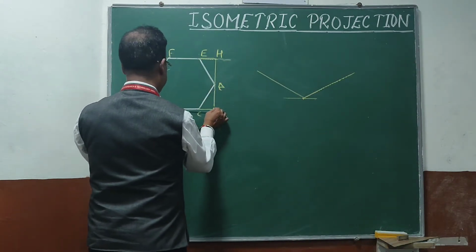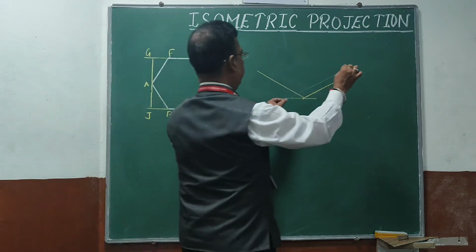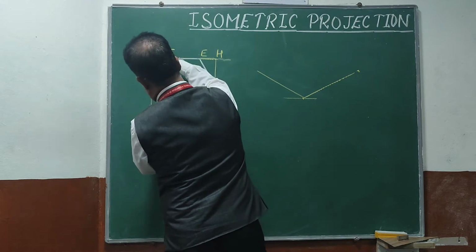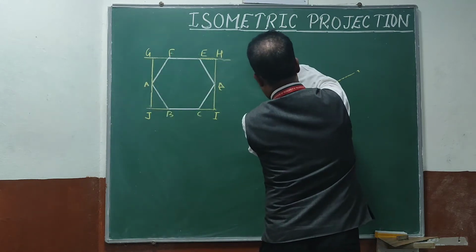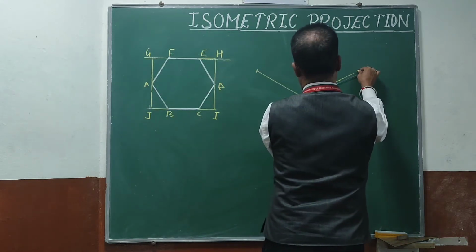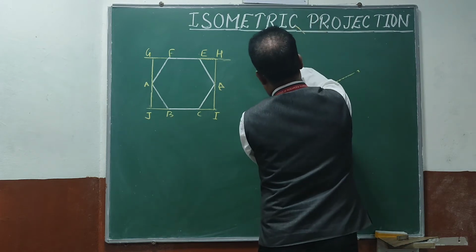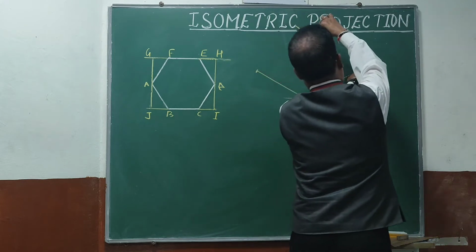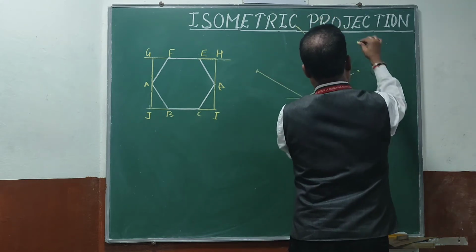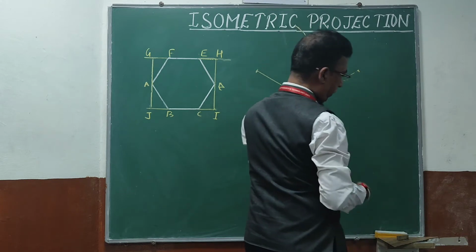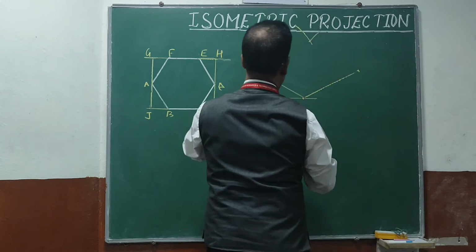By marking a point, I will draw two 30-degree lines, and on these lines I am going to shift this length. Initially this GI length, that is one length of this rectangle, and the second length on this side, then the same length on the opposite side. You can move parallel or you can use arcs.